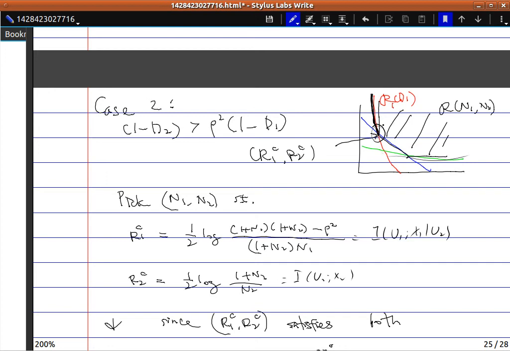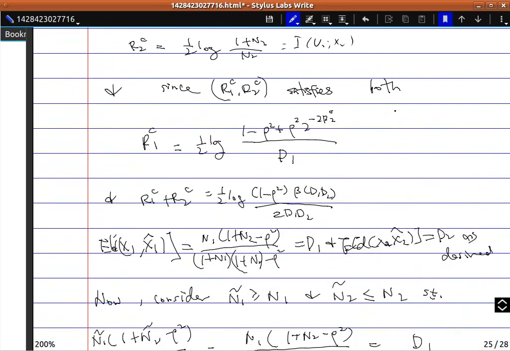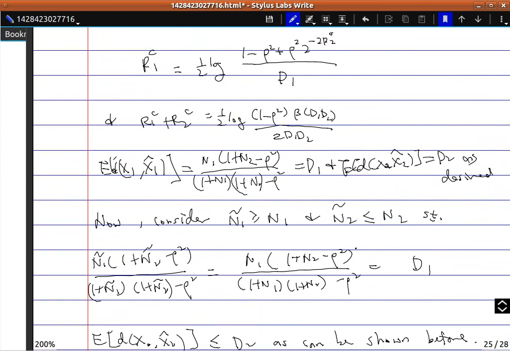What we need to do is find some new M1 tutor, M2 tutor, such that the combination of that is still equal to D1, the original distortion for when we have M1 and M2. So therefore I have this here.